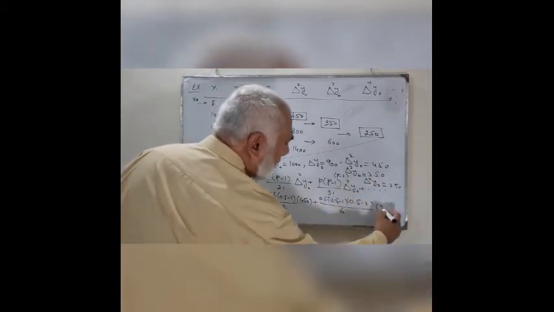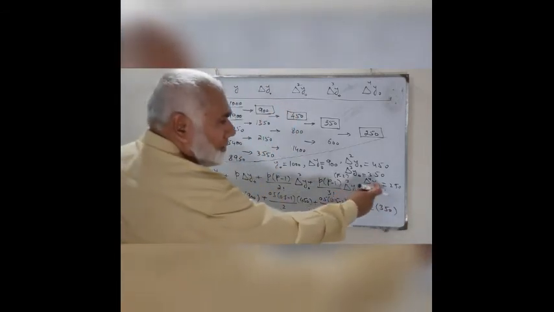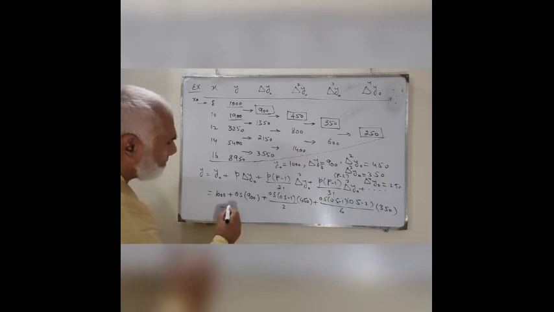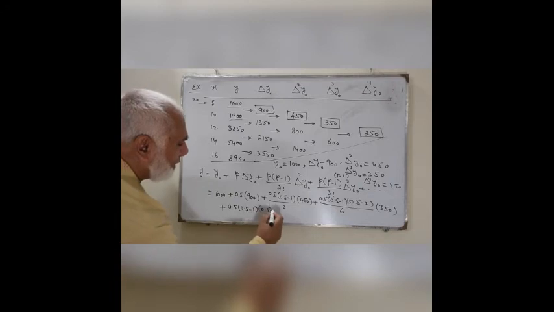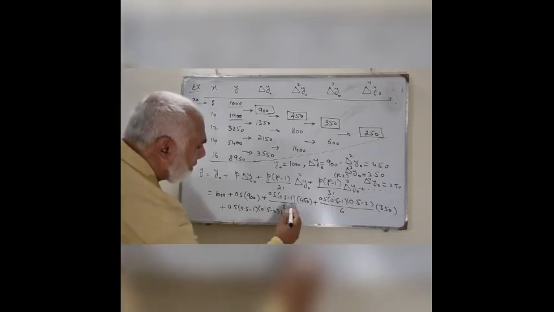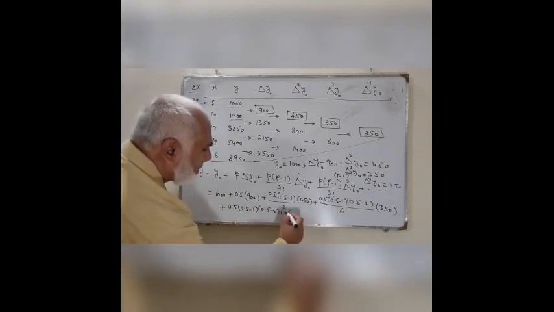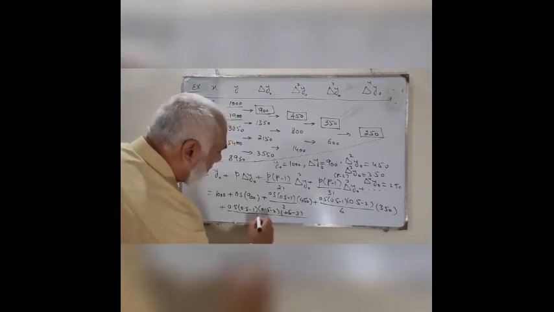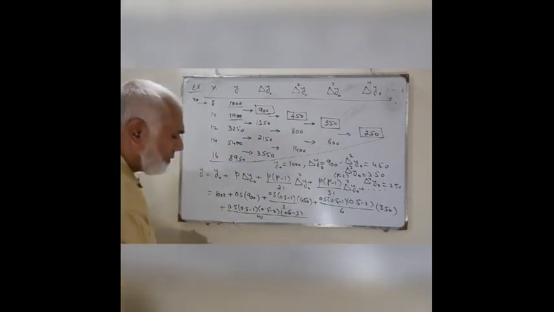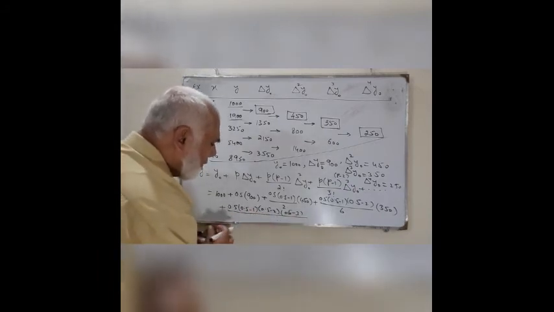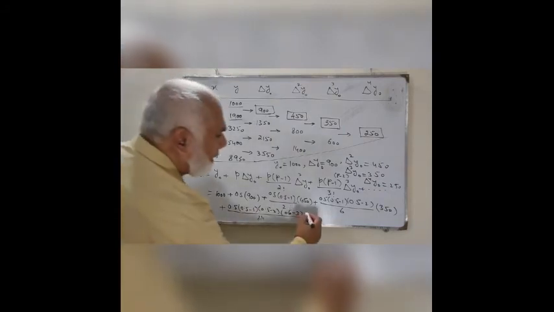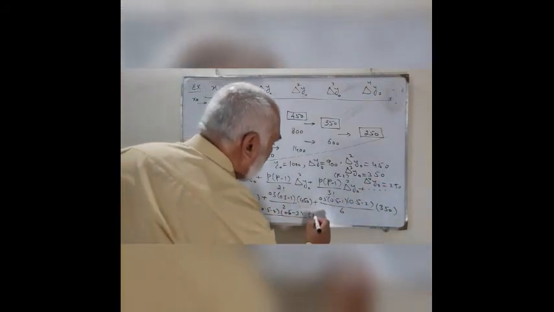Delta 3 is 350. And one more term is there for delta 4. This gives you plus 0.5, 0.5 minus 1, 0.5 minus 2, 0.5 minus 3, whole divided by 4 factorial, which we can write as 24. Along with it, delta 4 is 250.